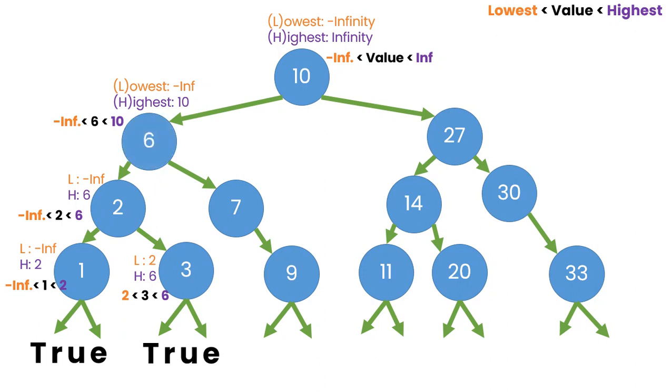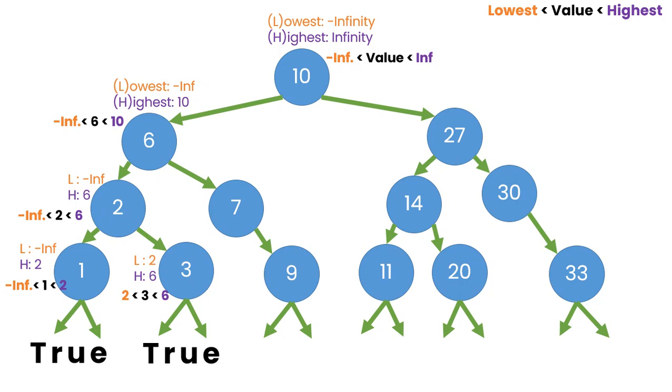Now we go to the right side, where we're gonna visit 7. Now we're moving in the right direction, so it's greater than its parent, so the lowest value is gonna be 6, and the highest value should be infinity. But we need to make sure that the right side does not exceed the parent's limit.